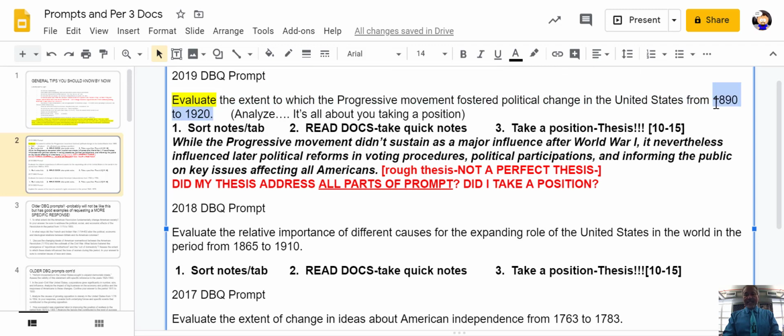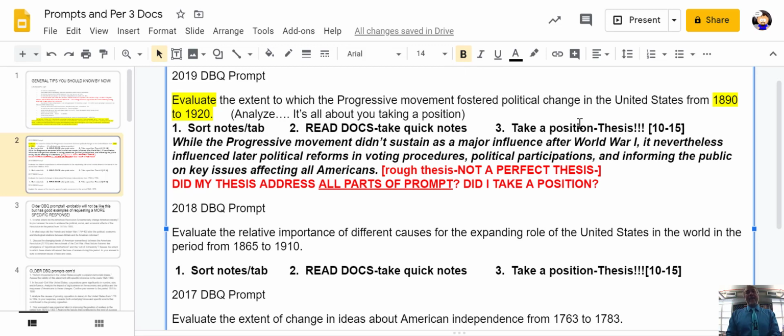Anytime you see a date range, this is important: in your body paragraphs, in all your supporting paragraphs, you want to stay in that range. You do not get out of that range.